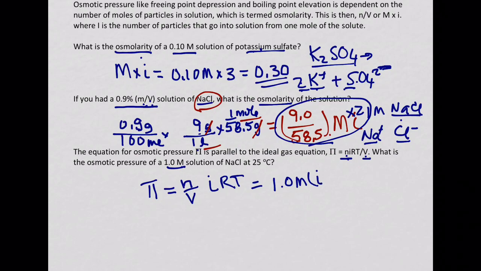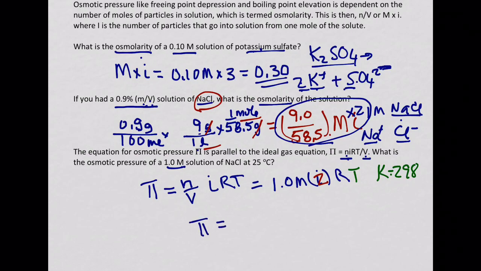Our i value then, in this case, is 2, and then the T, if it's 25 degrees, that's 298 K, and so we would end up with this overall equation.